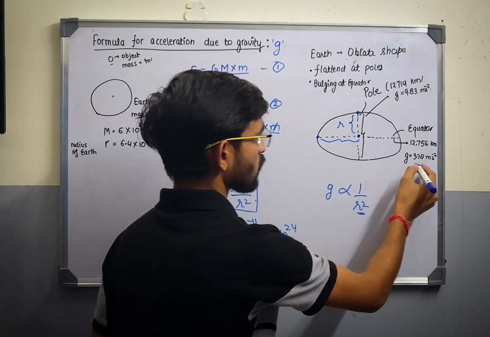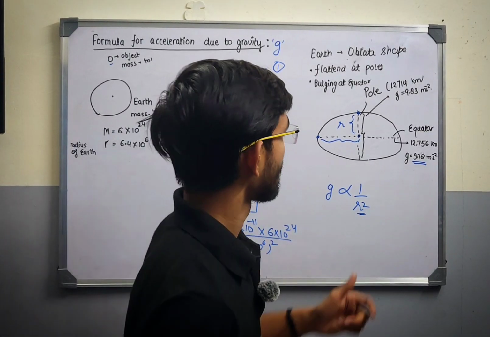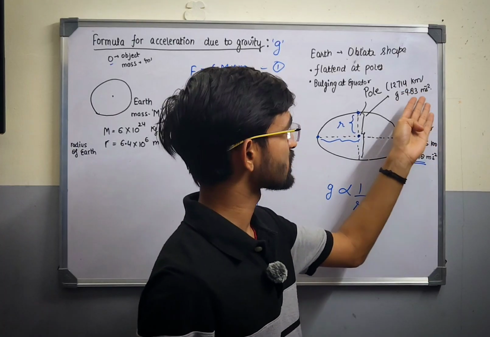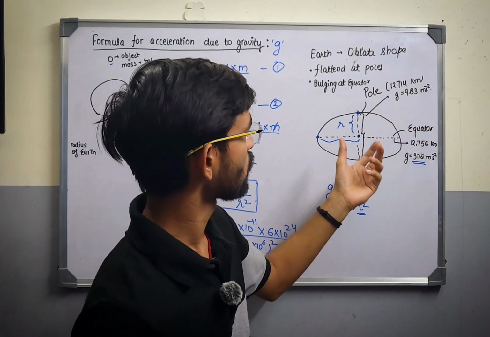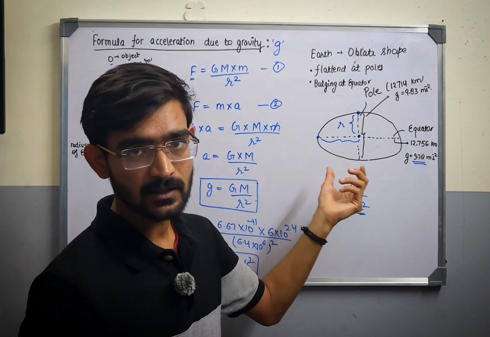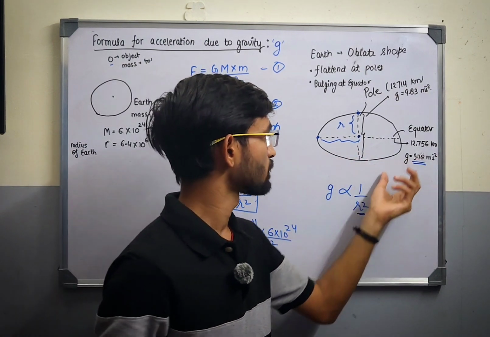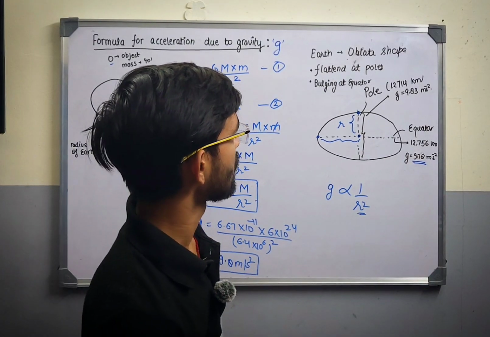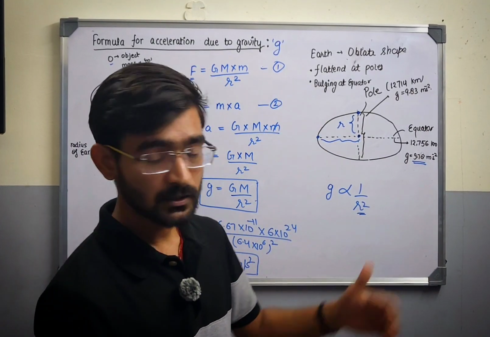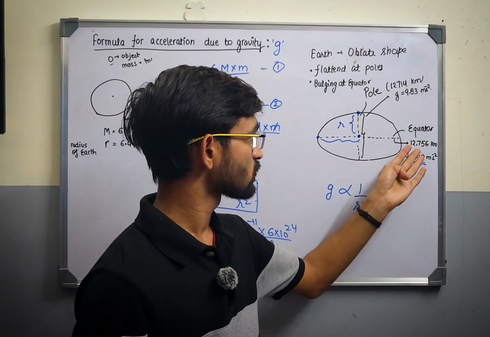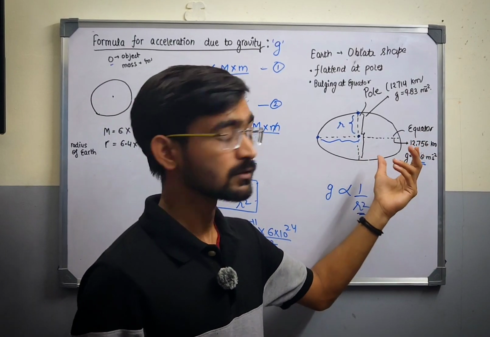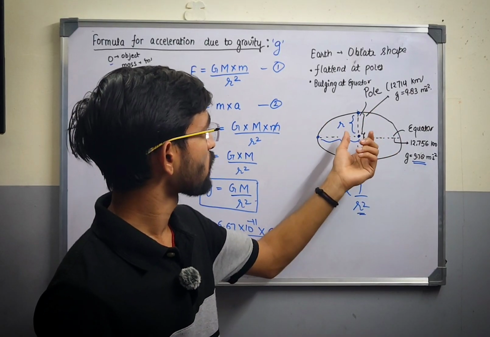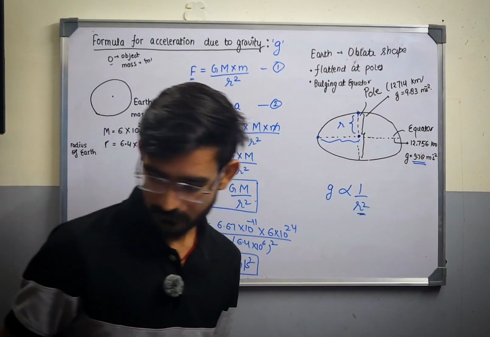Acceleration due to gravity at the equator is 9.78 meter per second squared, and at the pole it is 9.83 meter per second squared, because the radius at the poles is less and the radius at the equator is more. The polar diameter of Earth is 12,714 kilometer, and the equatorial diameter of Earth is 12,756 kilometer. That's why acceleration due to gravity at different points is different.